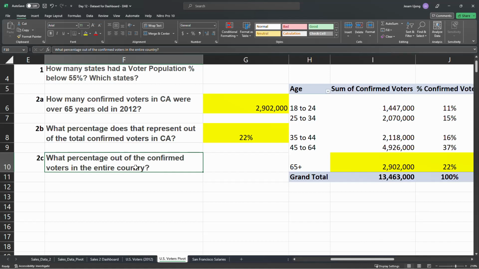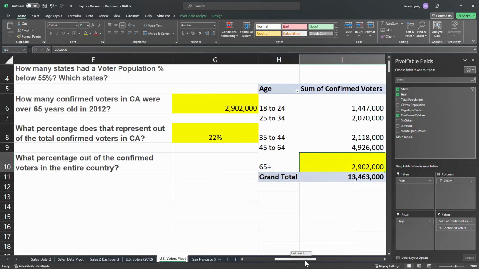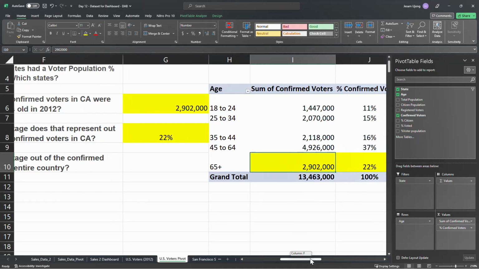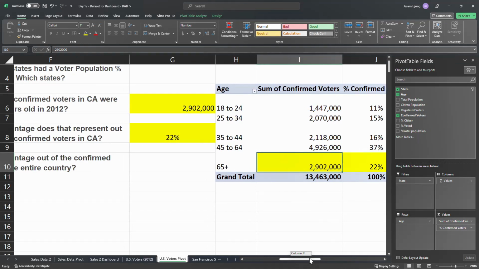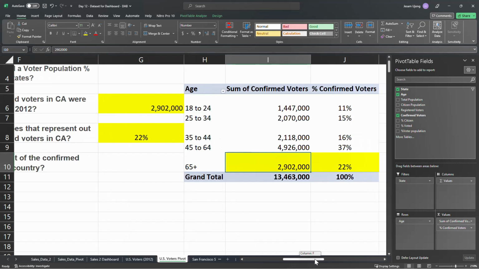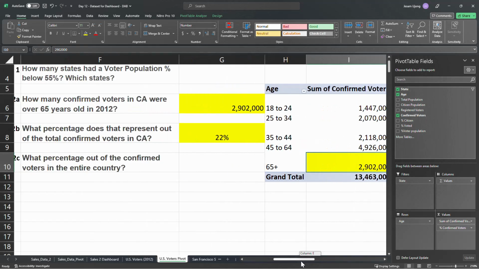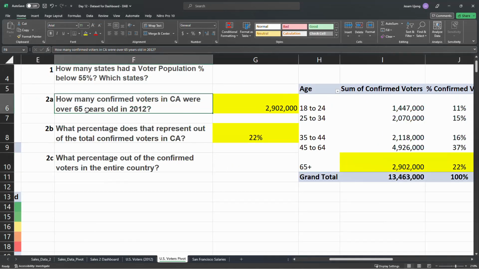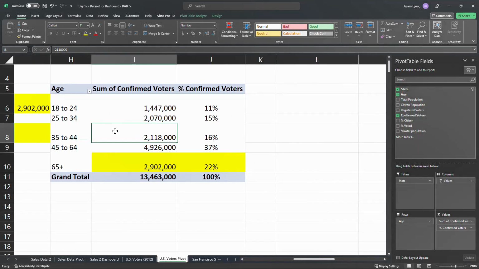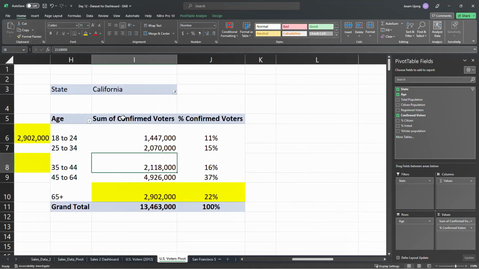So we want to know what percentage of this is the total number of confirmed voters in the whole country. So what percentage of California above 65 aged is the total percentage in the whole country? Now that's very technical, and I've been trying to rack my brain around it.